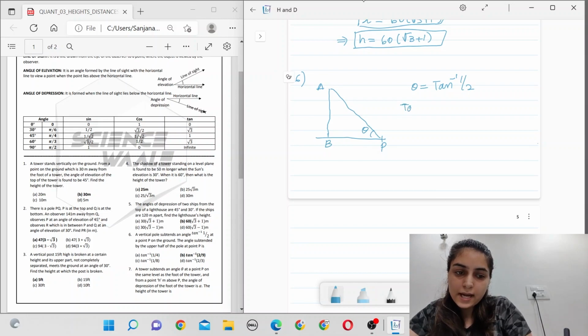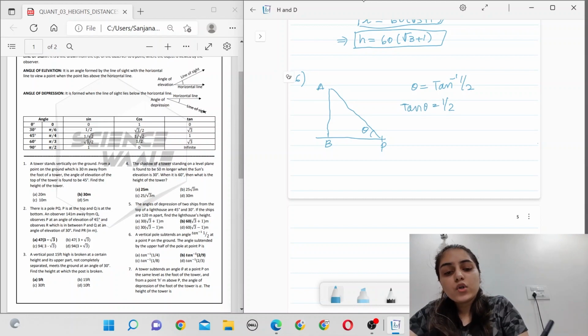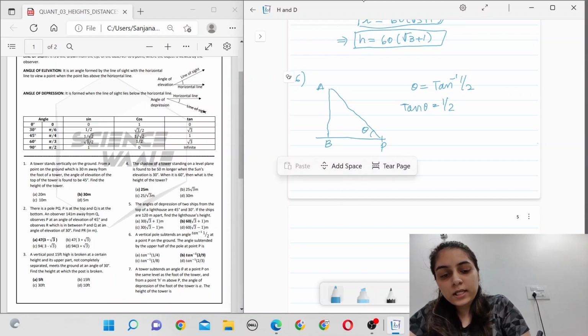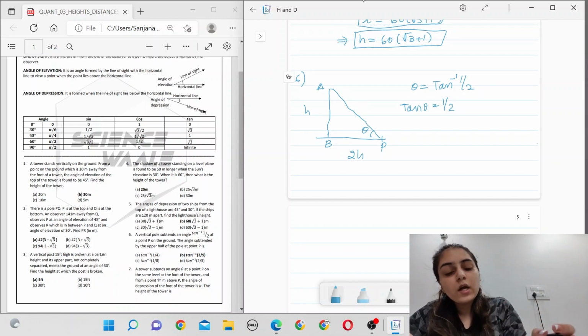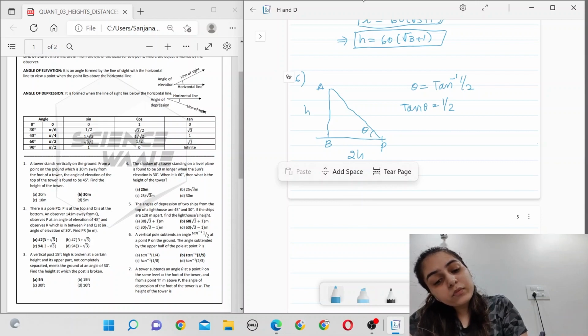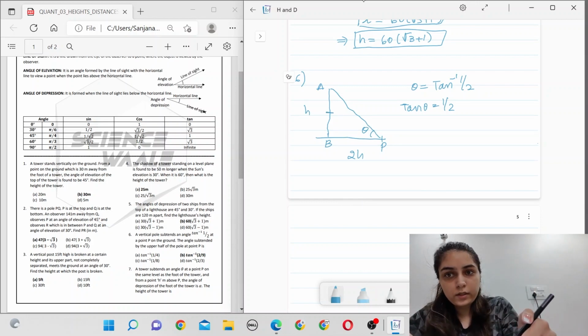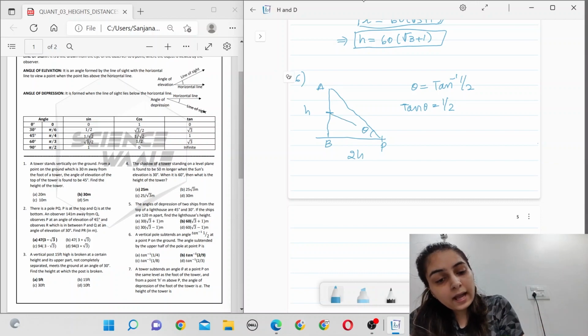So that implies tan theta is equal to 1 by 2, which is opposite side by adjacent side. So let us take this to be h and this will be 2h, because opposite side by adjacent side are in the ratio 1:2. Now they have told us that if it is broken at the middle of the vertical pole, then find the angle at the point P. So let us take this to be alpha and this will be beta.